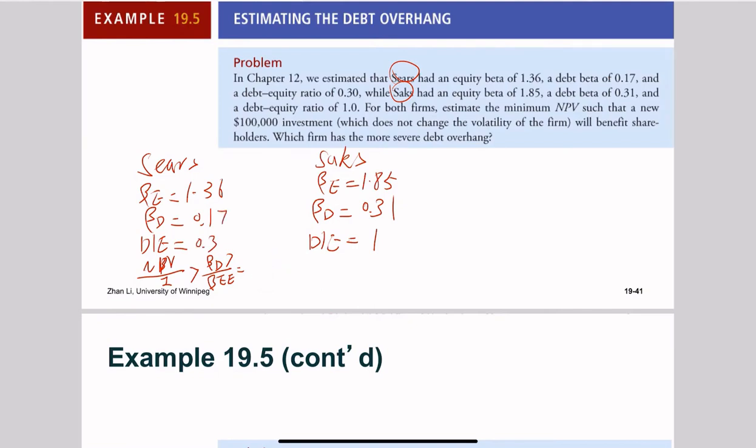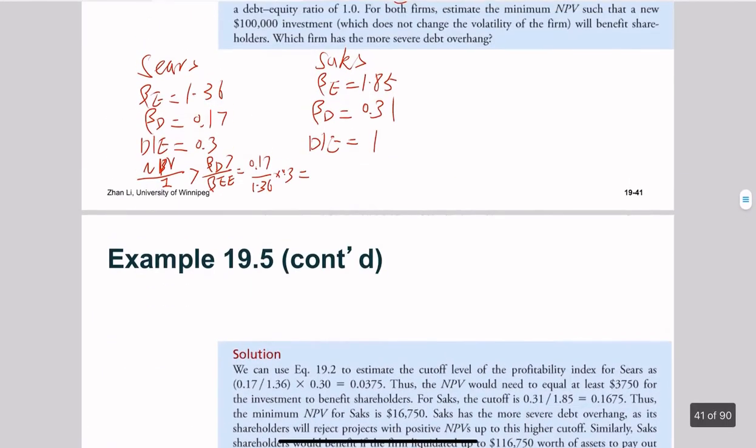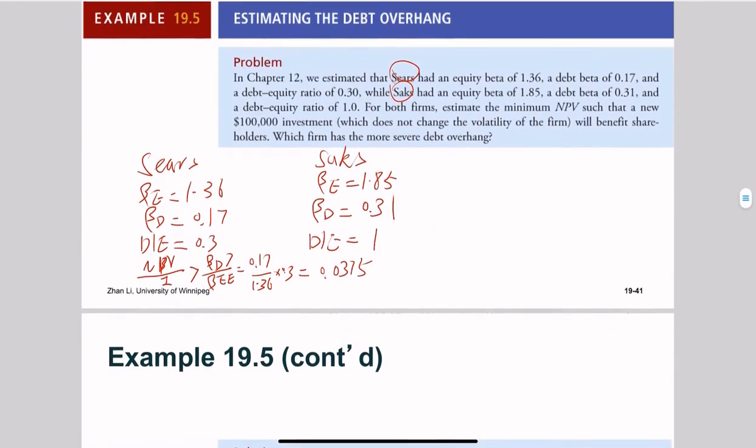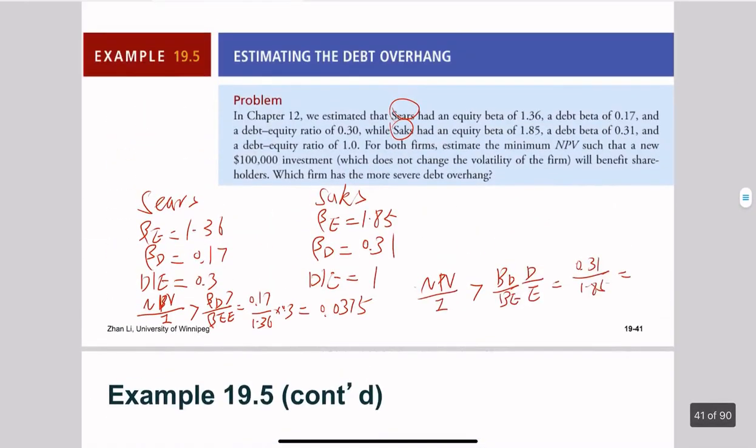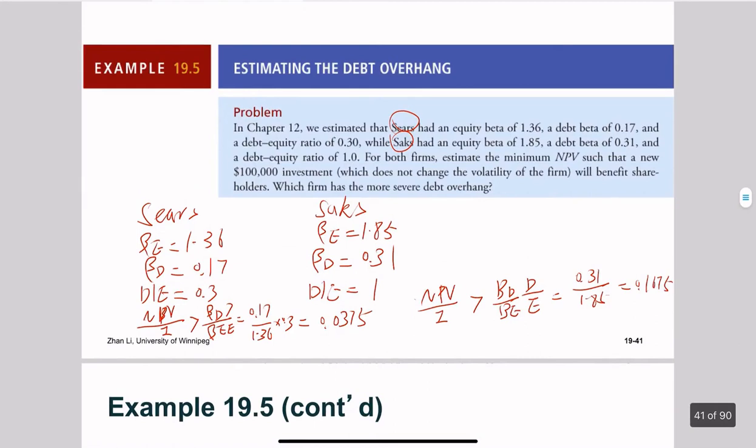So this is 0.17 divided by 1.36 times 0.3, which gives us 0.375. Now, for the other firm, we require this to hold. Plugging numbers into this formula, we get 0.1675.